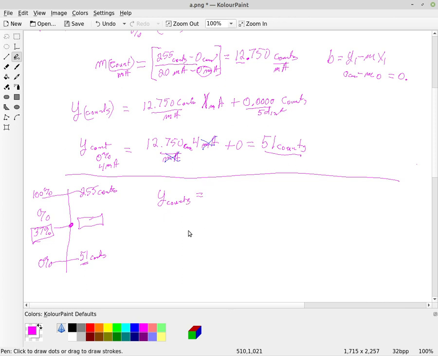So we would calculate the slope M. We want counts as the output, so counts go on top. It's going to be 255 counts minus 51 counts, divided by the percentage, which is 100% minus 0%.